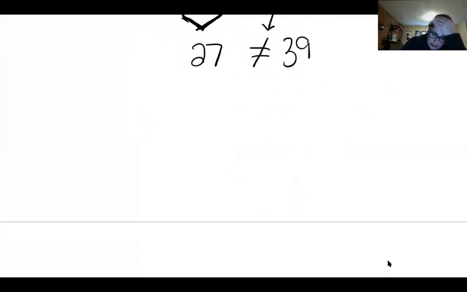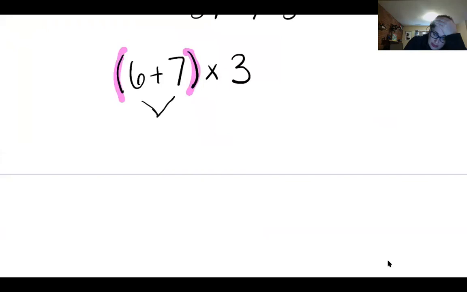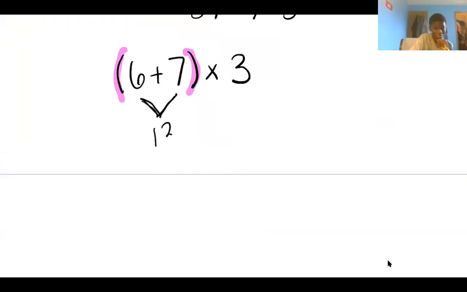So theoretically, the other one should work, where we had parentheses 6 plus 7, times 3. Parentheses go first. What is 6 plus 7? 13.